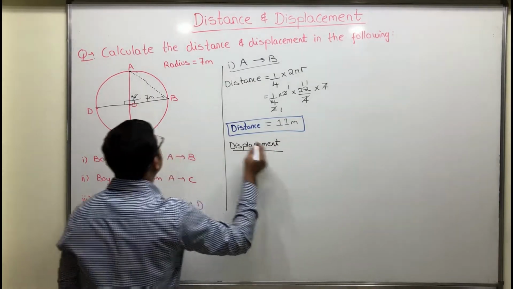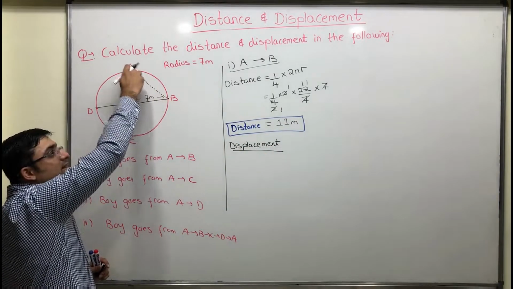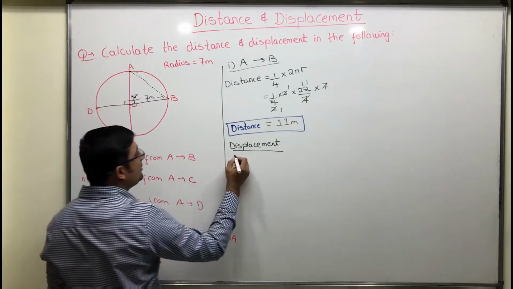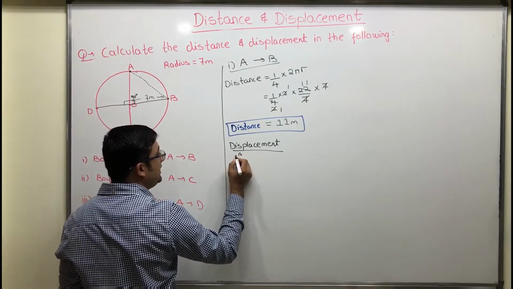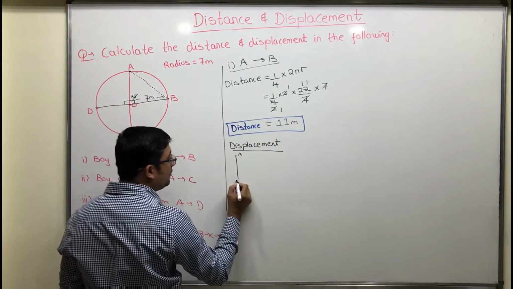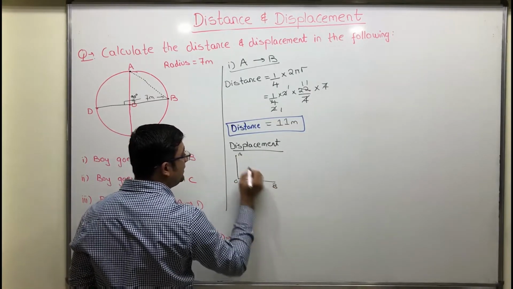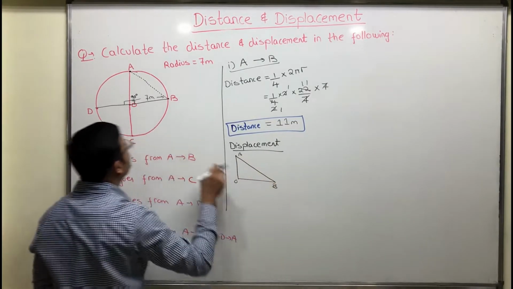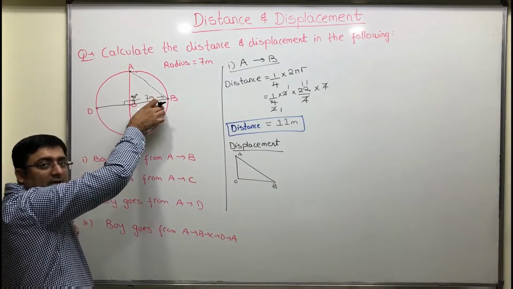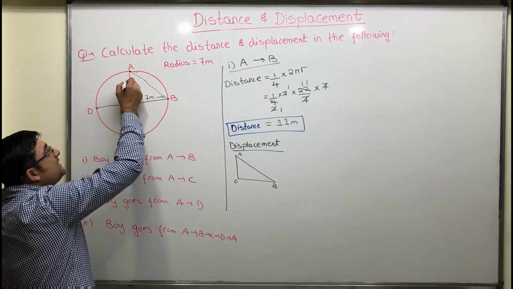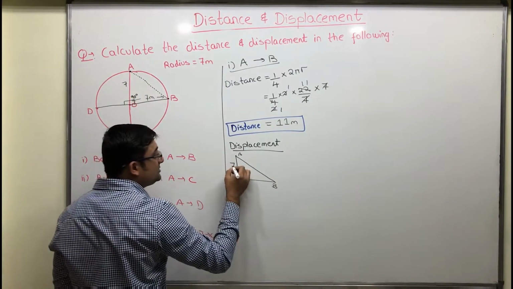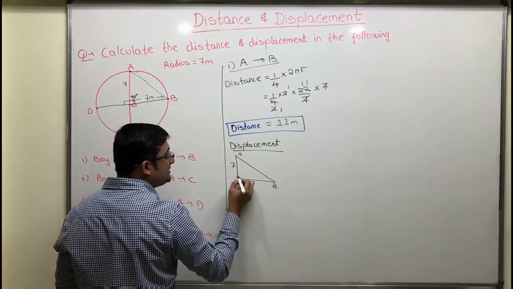So see guys, to calculate displacement, what is displacement? It is AB. So let me draw this triangle over here. So this point is A, then this point over here is O, then we have B, and this over here is my straight line. So see, what is OA and OB? Radius of the circle. So if this is 7, this will also be 7. So 7 and 7. And this is 90 degrees.